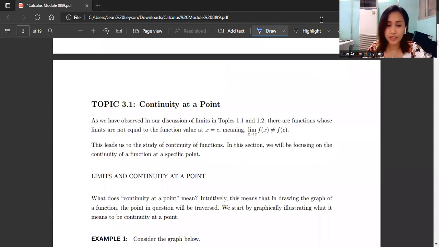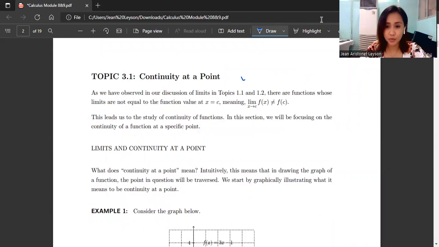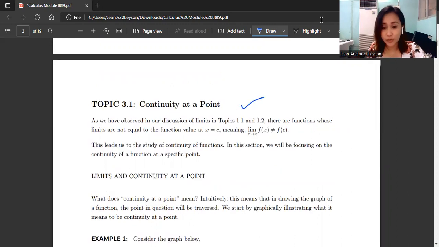So for the first part, again, continuity at a point. As we have observed in our discussion of limits in topics 1.1 and 1.2, there are functions whose limits are not equal to the function value at x is equal to c.